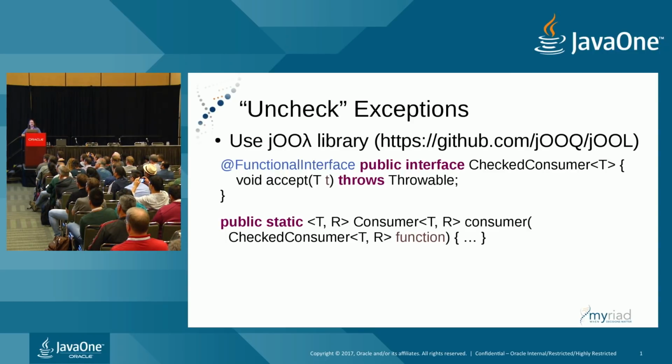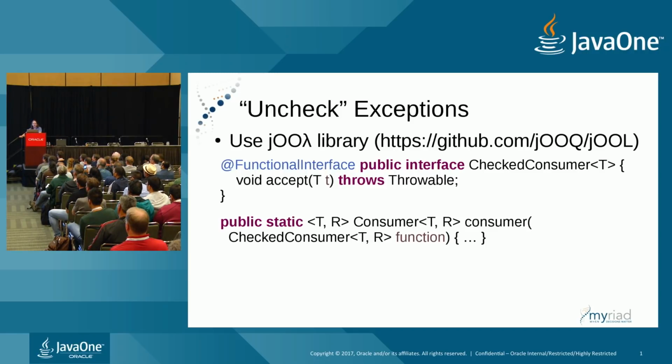What they've done is for every functional interface in the java.util.function package, they've created a companion interface with the name Checked preceding it, and that companion interface has the same method, but it's allowed to throw any Throwable.